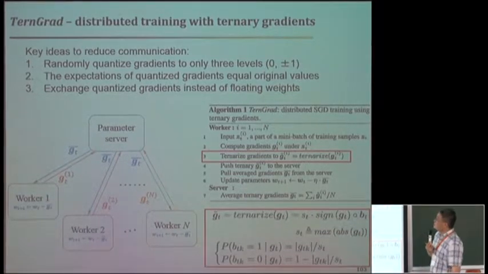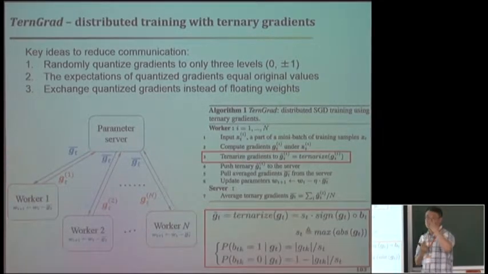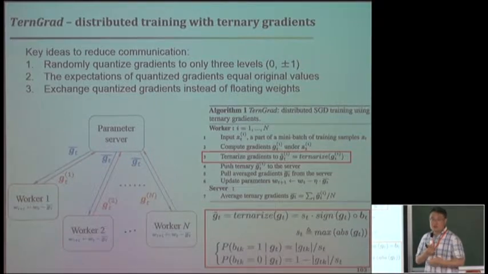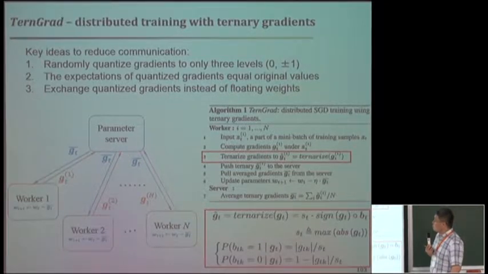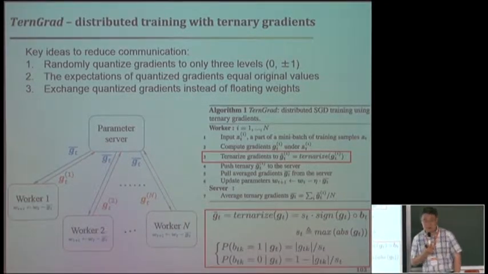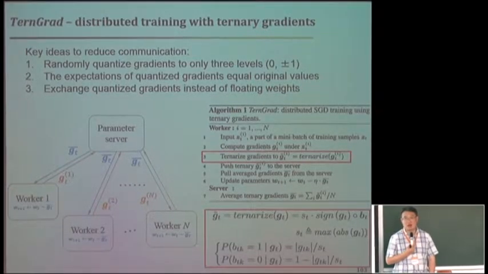And then we have the expectation of the quantized gradients equal to the original value, so that we assume in the majority case we should not change the gradients. But if we need to change, these 3 levels will give us the guidance, and we will change the quantized gradient rather than the floating point weights, so as to save the traffic.